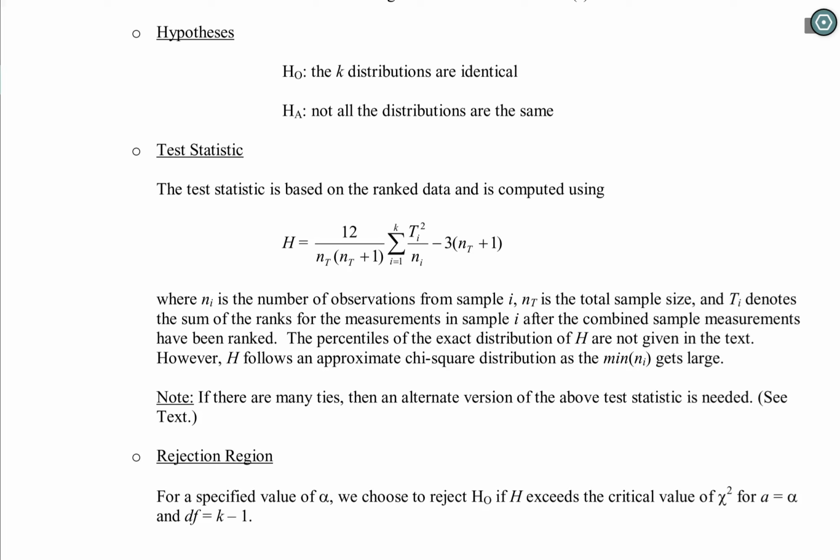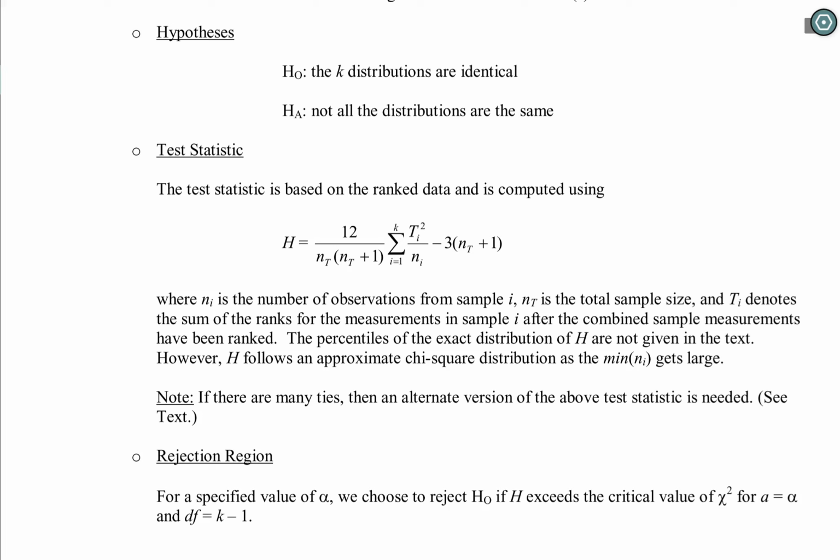It turns out the exact distribution of this quantity does not have a nice closed form representation, so we can use an approximation: if the sample size is large enough, we can use a chi-squared approximation here. There are some tables online or in various books that give critical values for the distribution of this H statistic.